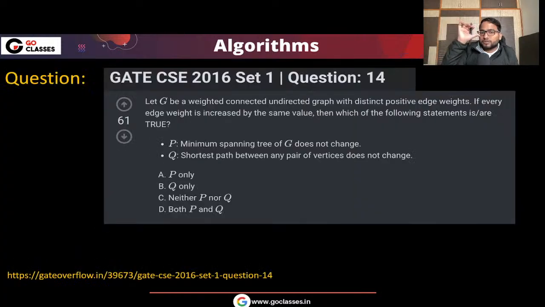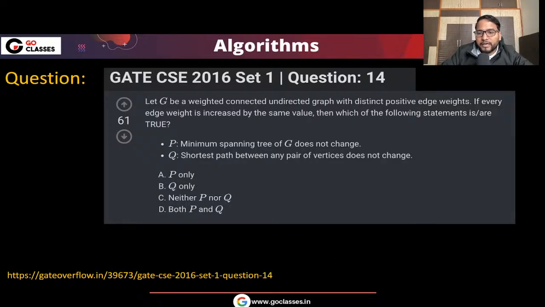Okay, let's solve this question. What they are saying? G is a weighted connected undirected graph with distinct positive edge weights. Just a second, I think the pen is not working. Okay, let's see what they are saying.